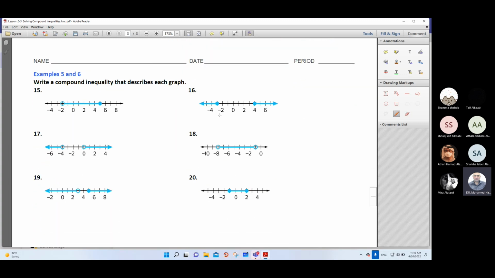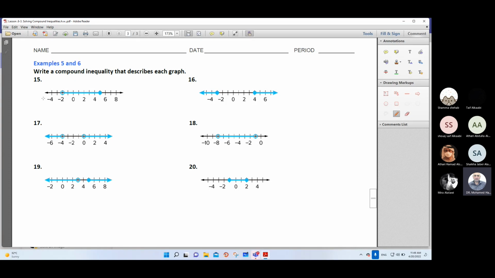And here, write a compound inequality that describes each graph. I will solve 15 and 16, then you can help me. How to write the inequality? The first step, represent any variable, for example, x. You can choose any variable. As you see, we have two values here.